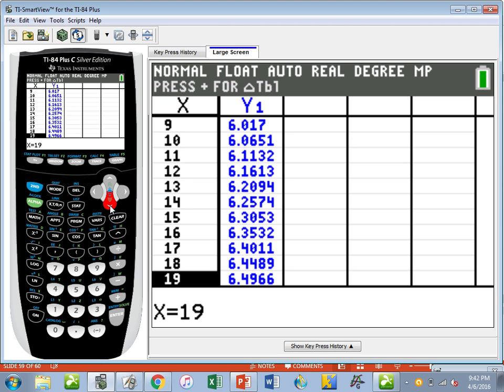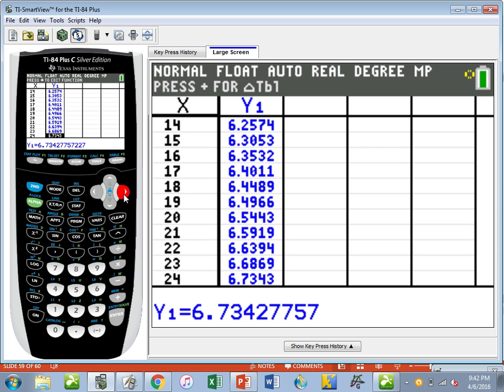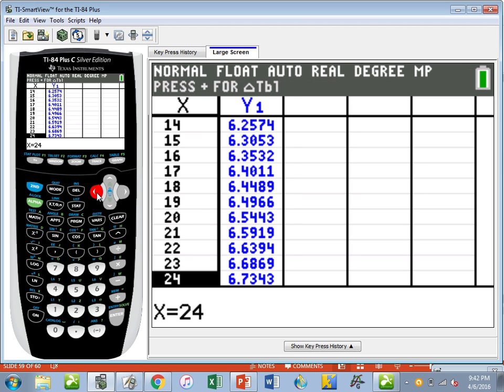If I go up to 24 hours here, you'll notice that none of the depths end up being anything remotely close to 10 feet. So in this particular instance, we would say that the boat cannot safely dock, because it needs at least 10 feet of water, and there aren't any times in the afternoon where the depth of the water is going to be at 10 feet.